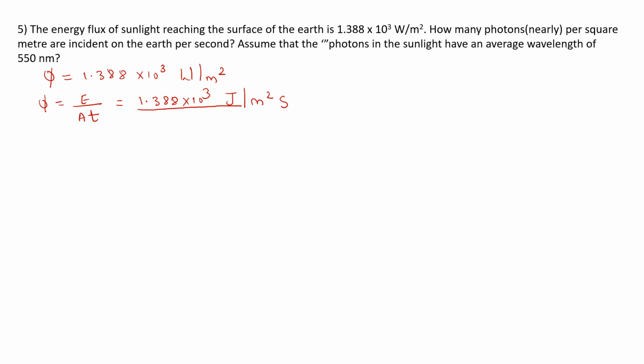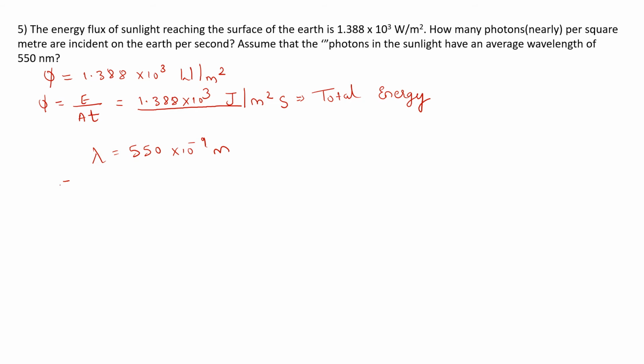So this flux I can take as total energy. They have asked how many photons, so they have given total energy, and we have to find out how many photons. And one more, they have given the wavelength as 550 nanometer, that is 550 into 10 raised to minus 9 meter.